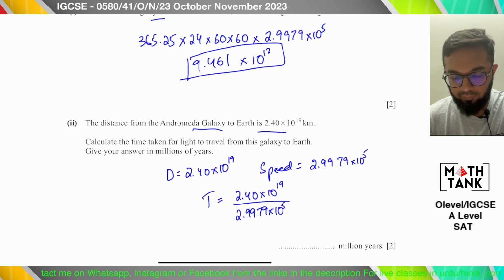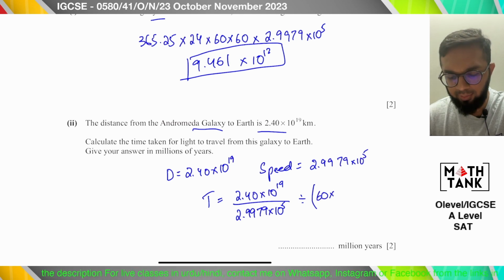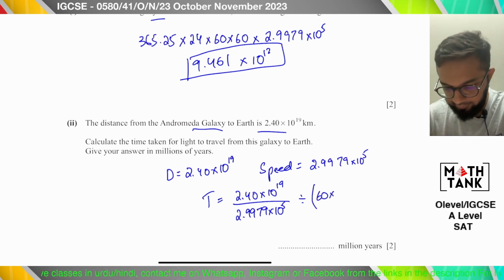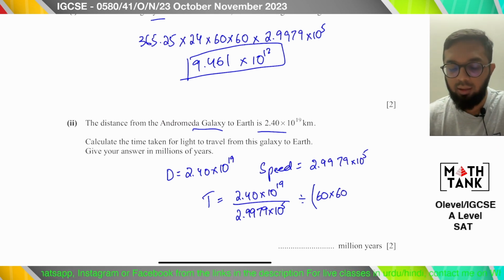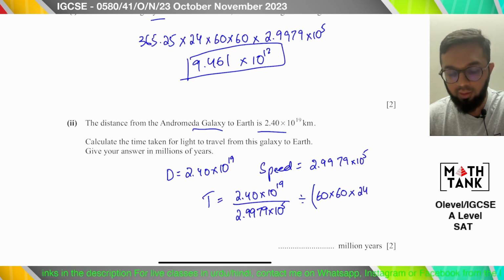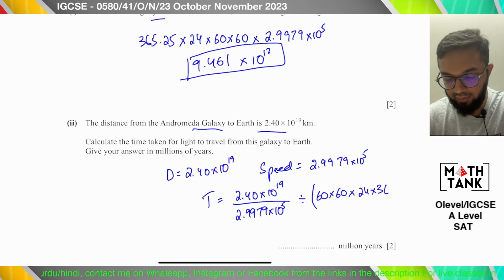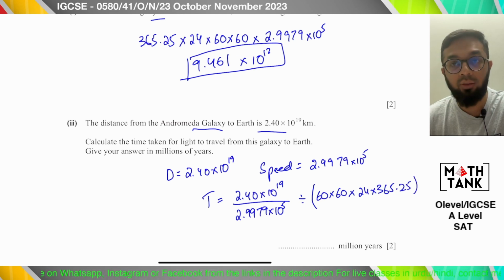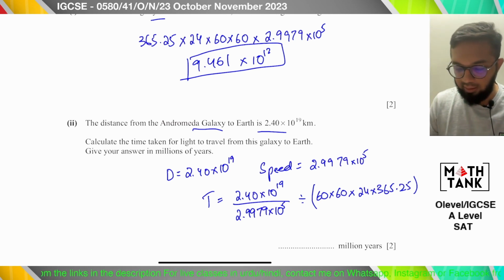This is going to give me an answer in seconds. So I need to divide it first by 60 to change it into minutes, then by another 60 to change it into hours, then by 24 to change it into days, and then by 365.25 if I want to change it into years. It says millions of years, so I'm going to change it into millions by dividing it by 1 million.